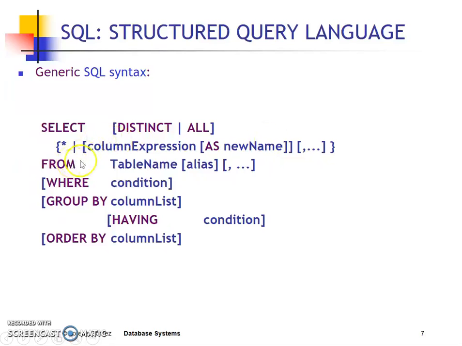And then we have the FROM, where we have the table name and the alias, and then we have the conditions for single rows, and then the GROUP BY to group columns with the same value, and the HAVING is used for making a condition on a group, and also we can order the data. We are going to start showing simple SQL statements. Later we are going to increase the difficulty of these queries.